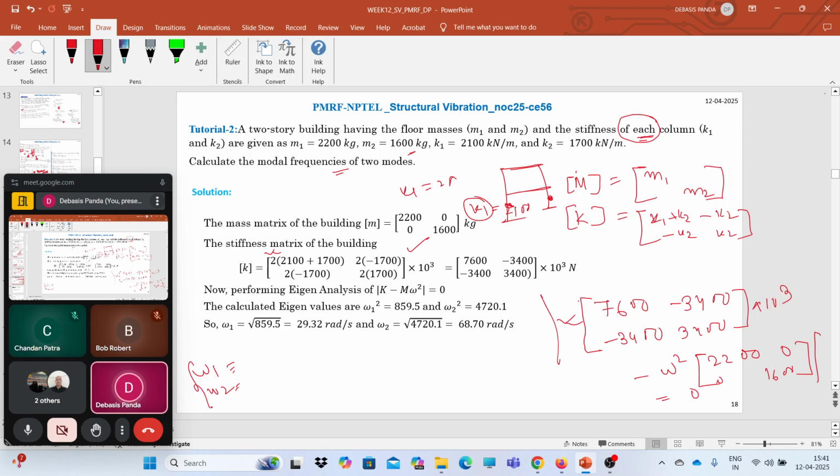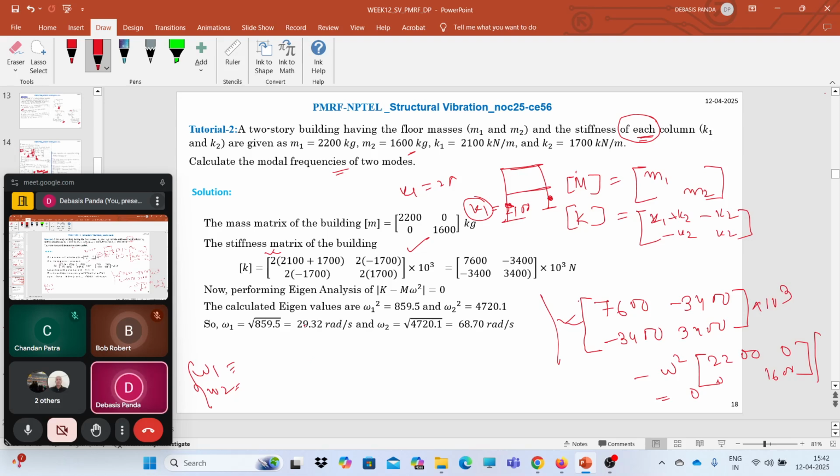You need to find out omega 1 and omega 2. And one more tip, you can use the root finding formula, minus b plus minus root over b squared minus 4ac, by twice a, the quadratic formula.